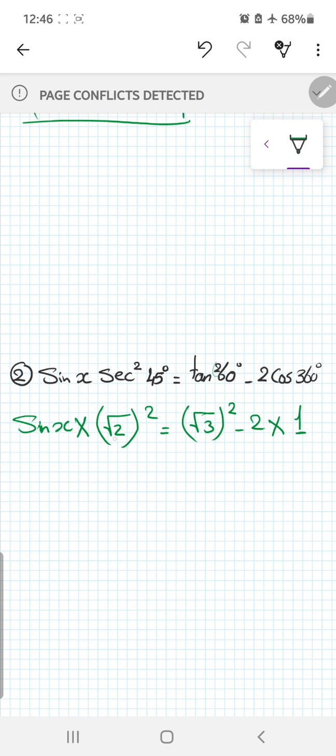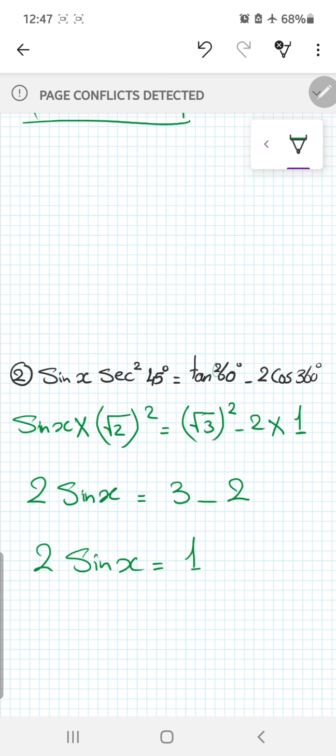So root 2 all to the power 2 will be 2, so 2 sine x equals 3 minus 2 times 1, which equals 2, hmm, so 2 sine x equals 1.